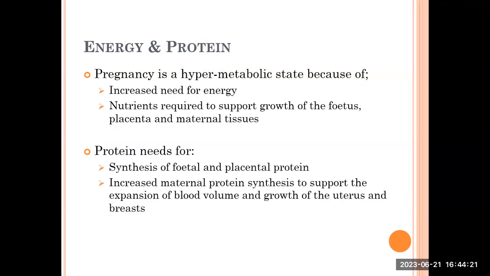Now, if you look at energy and protein, the increased need for energy is very important because the woman is in a hypermetabolic state. In other words, there's a lot of metabolism going on for the woman's build up as well as the fetus's build up.